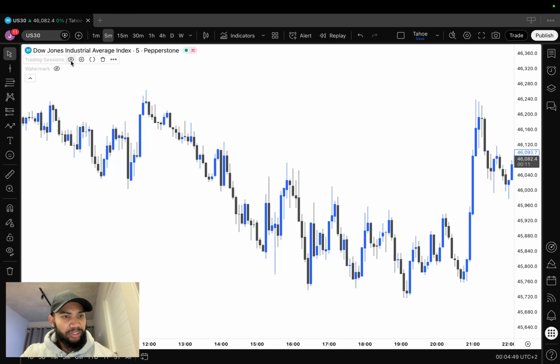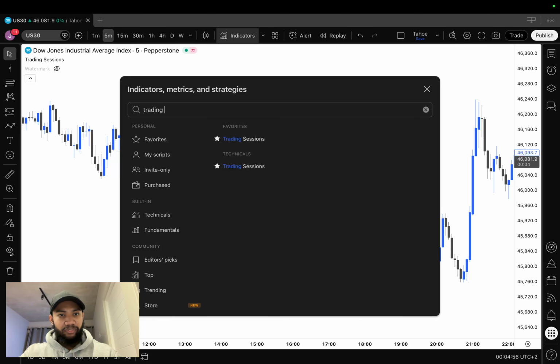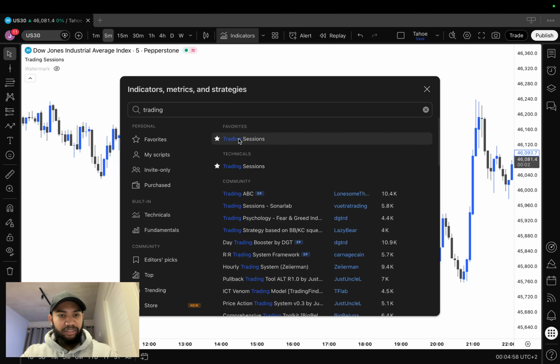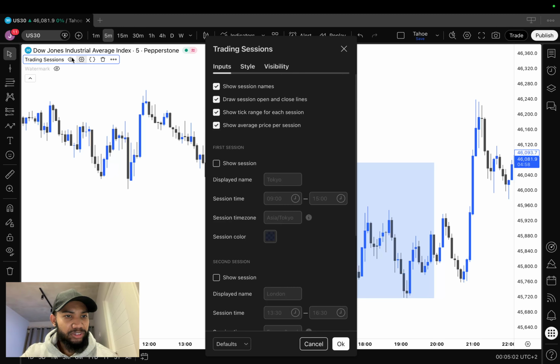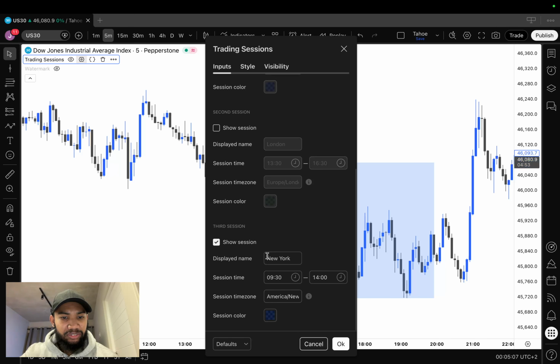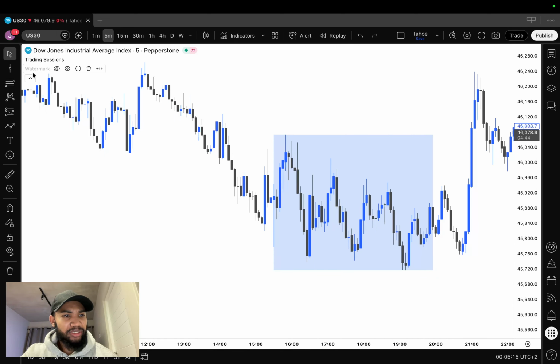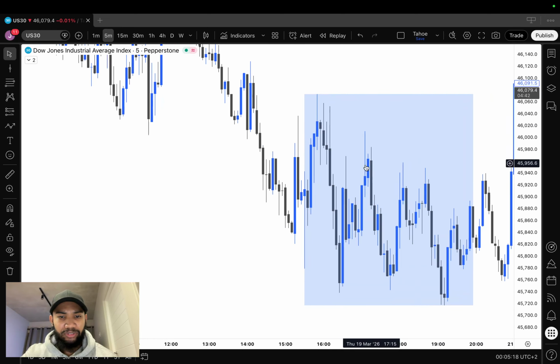The indicator I'm using here is the trading sessions indicator. The way you get it is indicated right here on TradingView, and this is the one right here, trading sessions. Click on it, and then of course you can edit it right here. I only have the third session showing, as you can clearly see, 9:30 to 2 o'clock. The shaded area here is basically the New York session, and this is the opening candle right here.